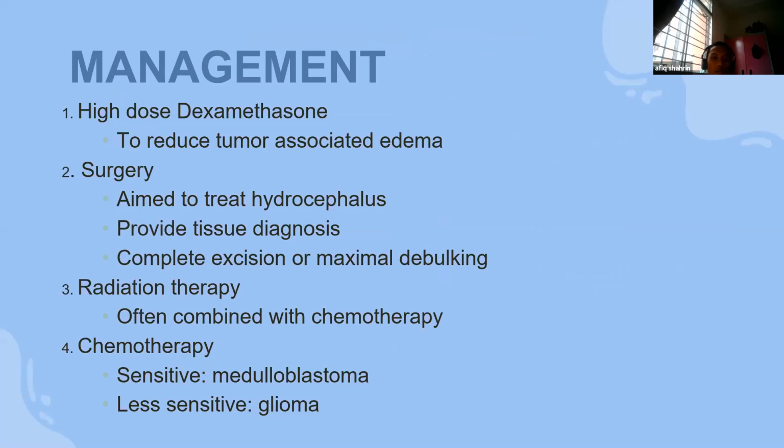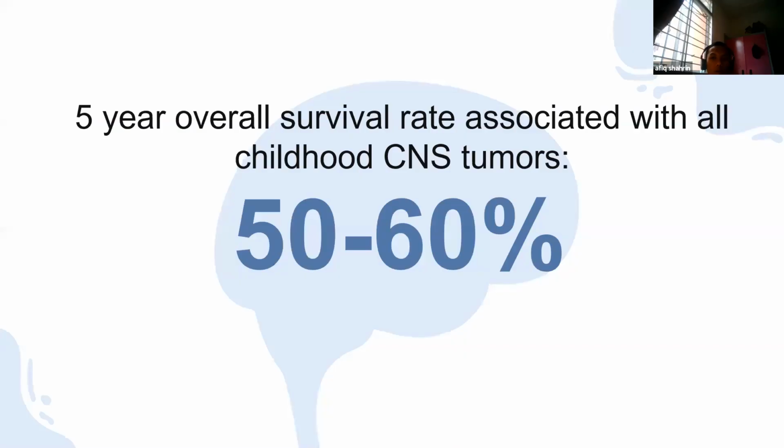In terms of radiation therapy and also chemotherapy, both of these therapies are often combined, and some tumors are sensitive to chemotherapy, for example medulloblastoma, and give a good prognosis, and some tumors, for example brainstem glioma, are less sensitive to chemotherapy. Okay, and the last part is the overall prognosis of survival rate associated with childhood CNS tumor, which is about 50 to 60%.